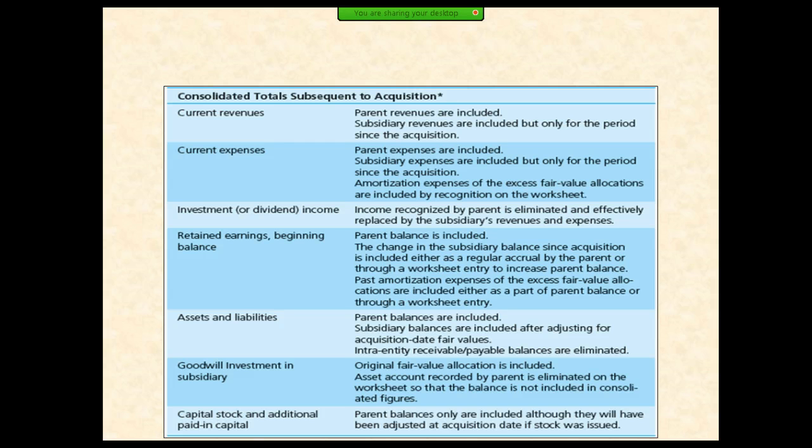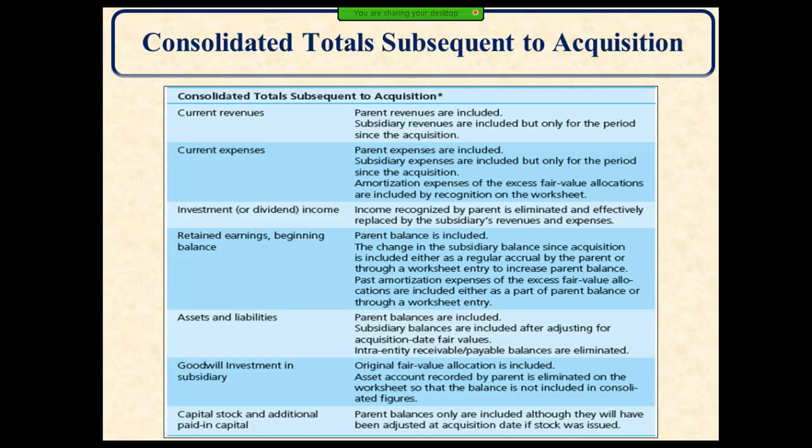The capital stock and additional paid in, they're going to be parent figures on the consolidated statements. Now, the parent balances will have been adjusted when we prepare the journal entry to acquire the company. But again, none of the subsidiary equity section is going to be included.